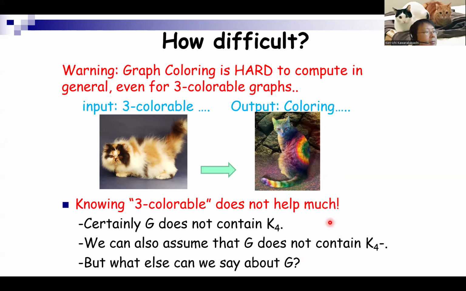This is because if you identify two vertices of degree 2 in K4 minus, that's still a three-colorable graph, because in K4 minus these two vertices need to receive the same color in a three-coloring. But we can't really say more than that. These two are important, but we can't say more. So knowing three-colorability doesn't help much. That is a big problem.